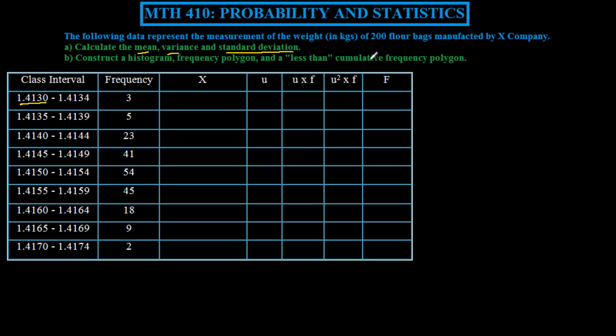So let's begin this question. Part A. The question is given with these two columns over here, but I would advise you to add these next five columns to your table and fill them out, and then have your net FU or UF and net U squared F. Once you get these values, you can apply the mean formula and the standard deviation or variance formula to calculate those values.